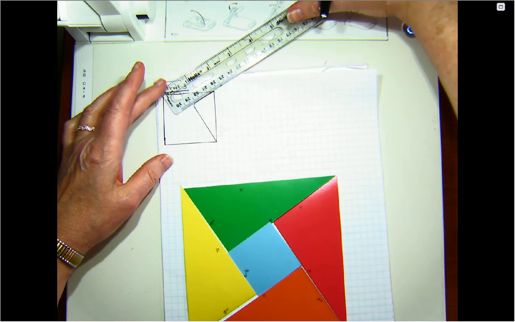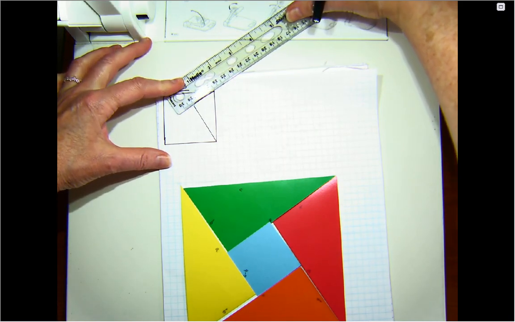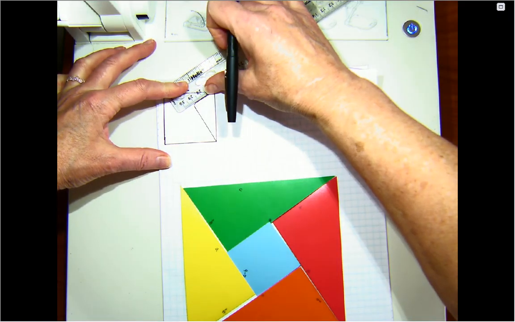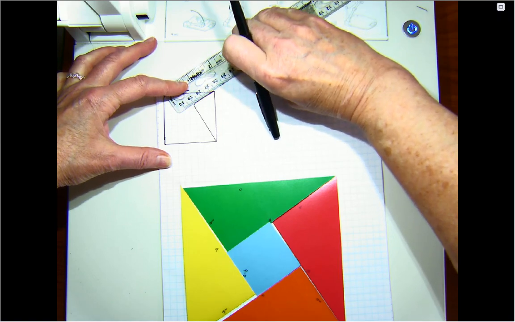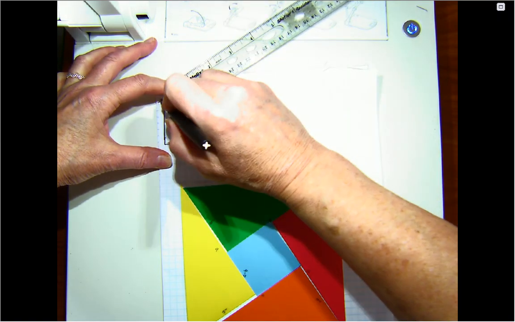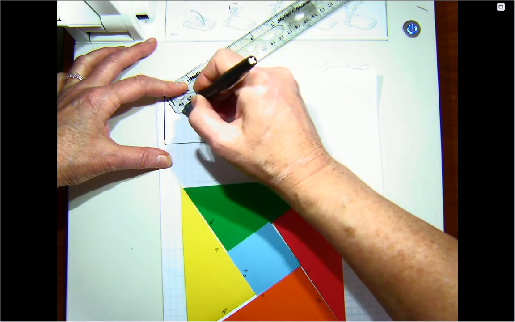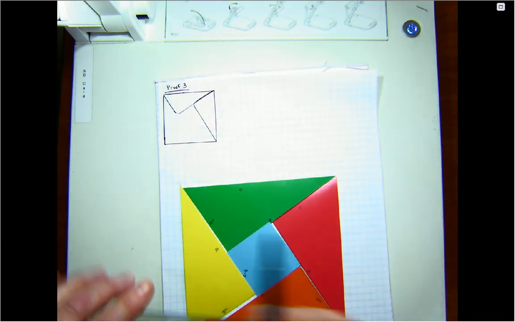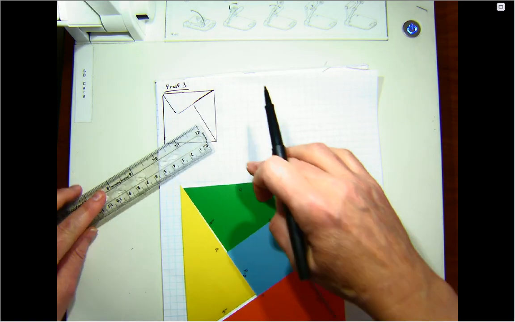Let your square corners go through the two sides of your straight edge. So we're getting there.